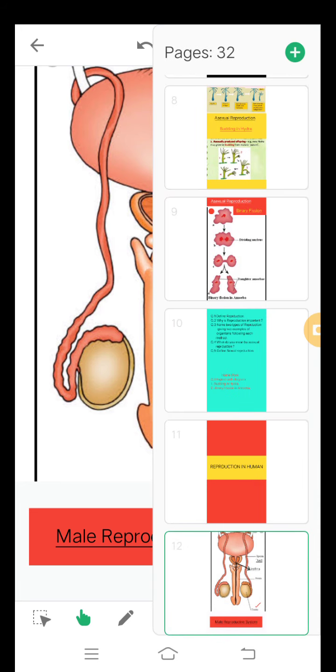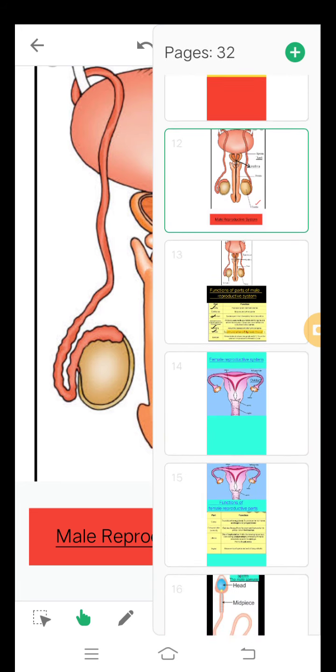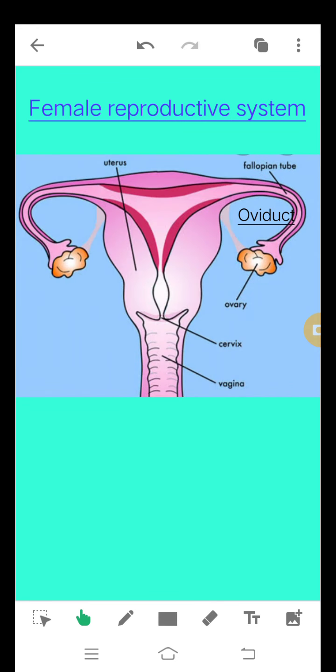After this, we need to study the female reproductive system. Just like the male reproductive system, here also there is a pair of important parts which produce the gamete, and this important part is called the ovary. In every female body there are two ovaries.